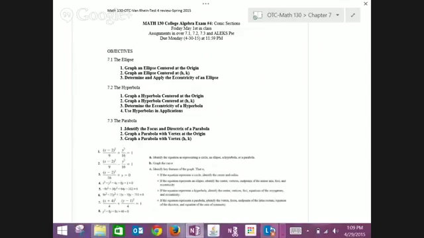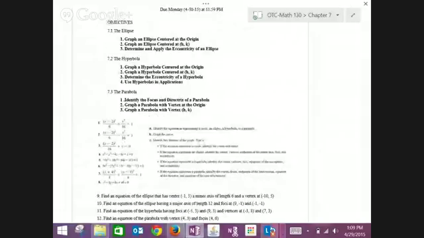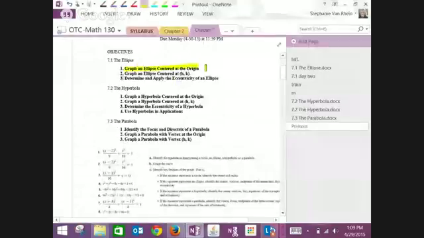So there's kind of only a few topics. You know, if you can do those three things, that's like 30% of the test. And then the other 50% of the test is just identifying and maybe completing the square.